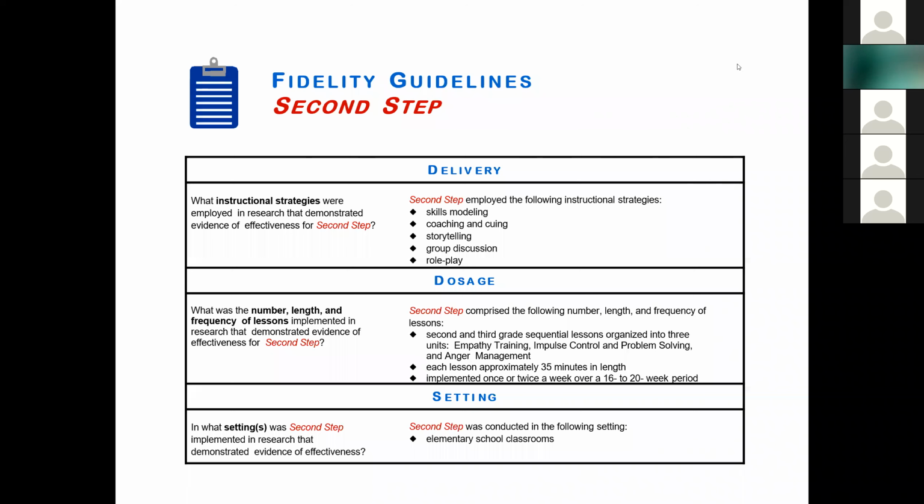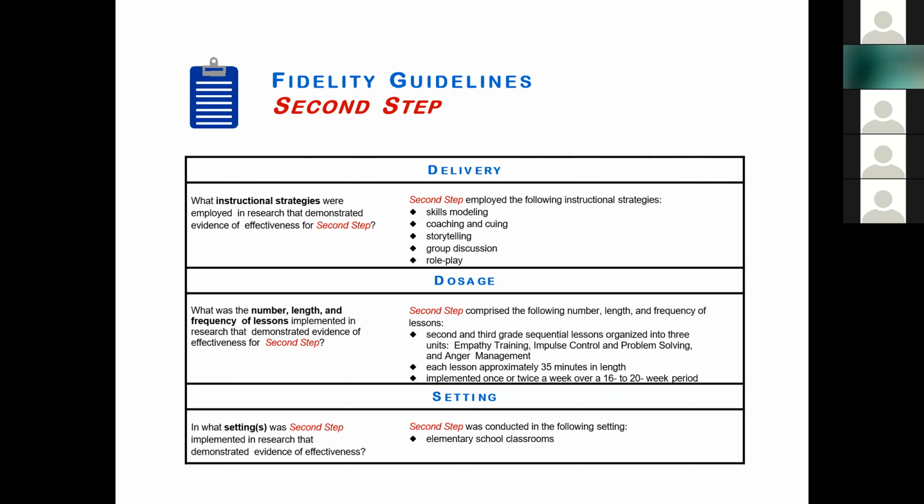Thank you. Wonderful. So let's talk about dosage. Think about those things that comprise your program. For Second Step, they really talk about the pieces they need here. In second and third grade, they have sequential lessons that are organized into 3 units: empathy training, impulse control, problem solving, anger management.